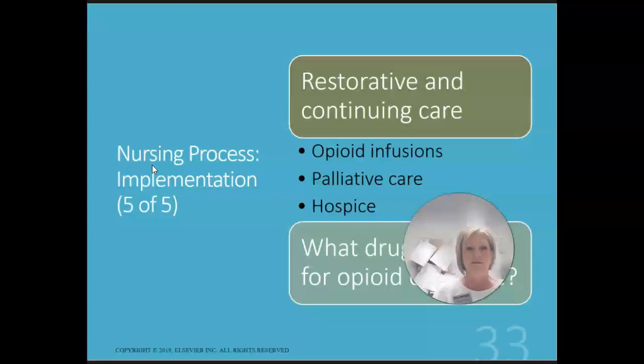This is not curative. This is palliative. So we go in and we remove that tumor, not the whole thing, but we remove what we can that's pushing on the spinal cord. It doesn't cure it, but it makes their lives more livable and they can tolerate the pain more. So that's palliative care.